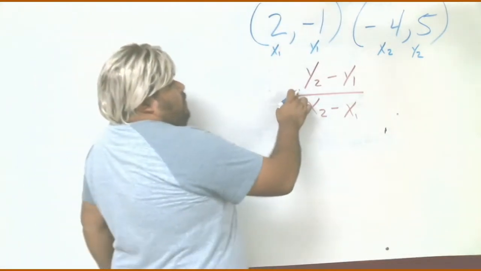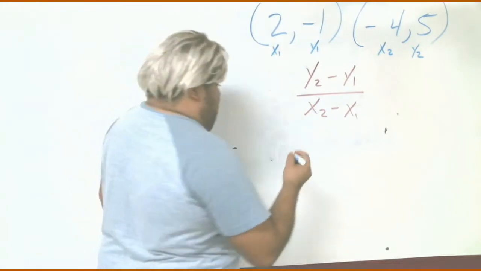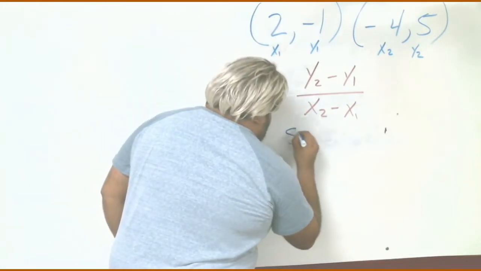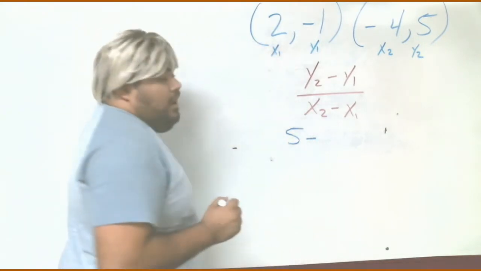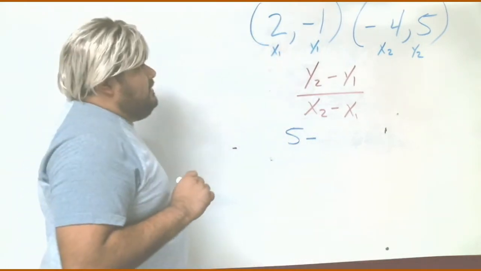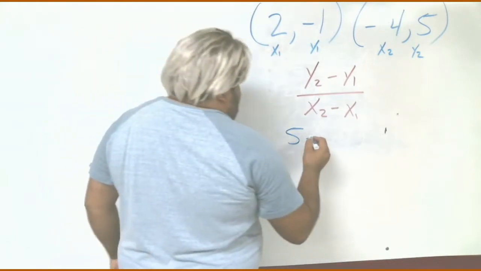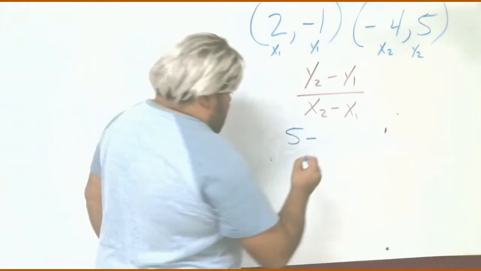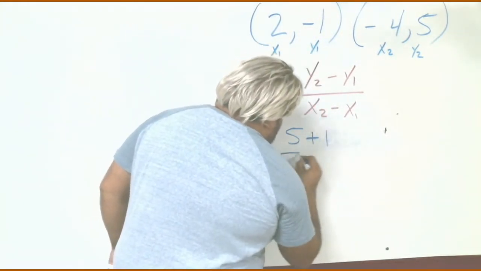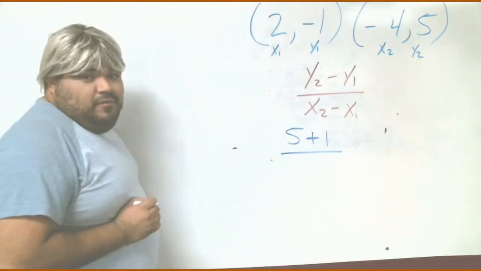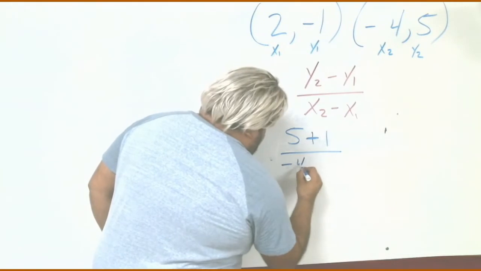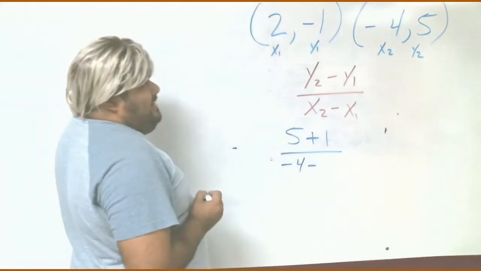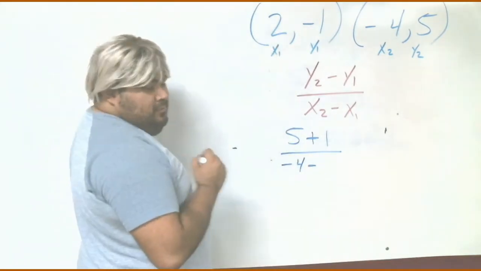So we can actually plug it into the equation. We have y2, which in this case is 5. We have 5 minus y1, which in this case is positive because of -1. So it's +1, over x2, which is -4, minus 2.